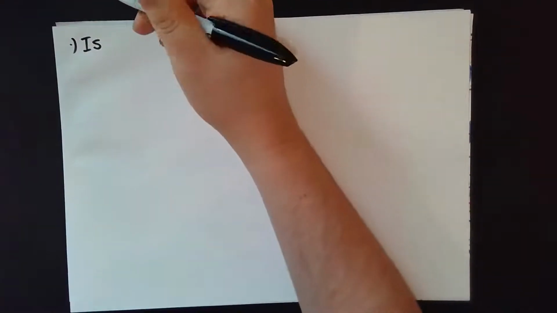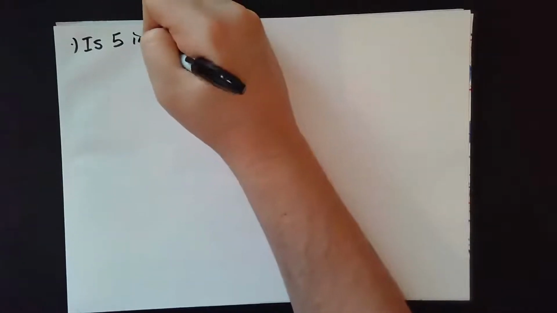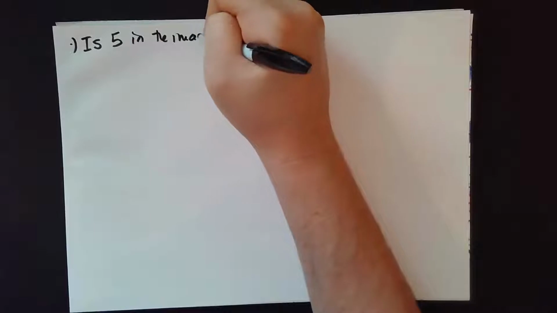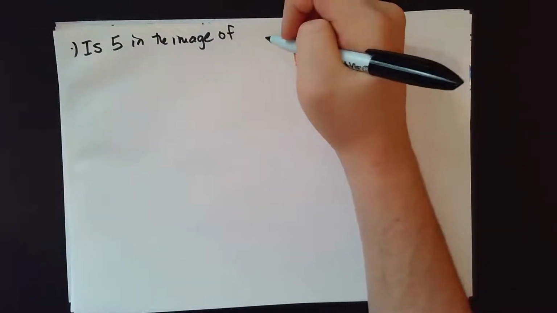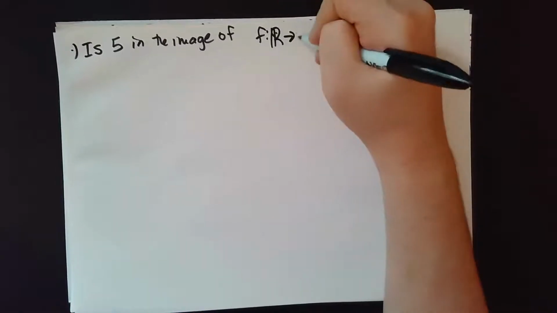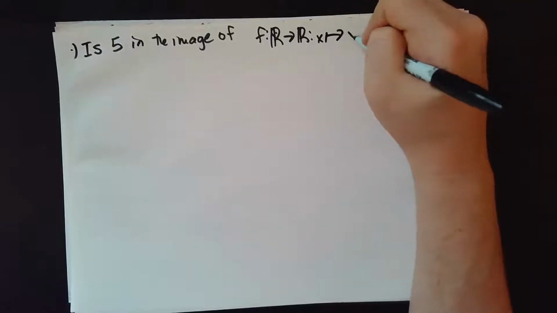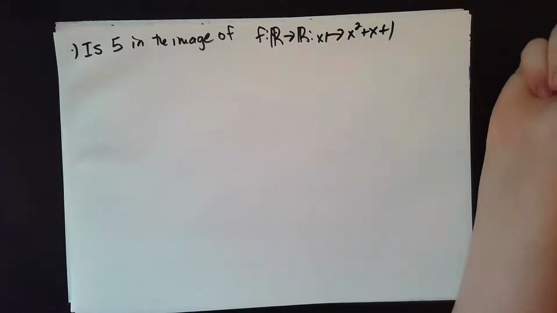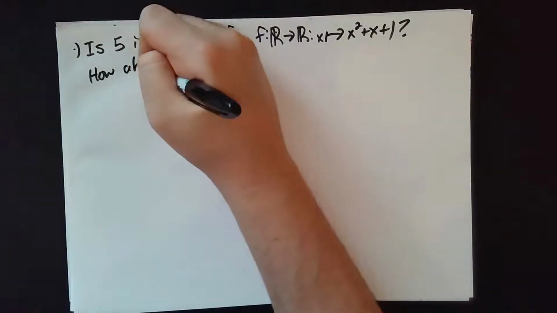Okay, so speaking of questions about the image, I'll ask, is 5 in the image of, and I'll write down the function from R to R, takes x to x squared plus x plus 1. How about minus 2?